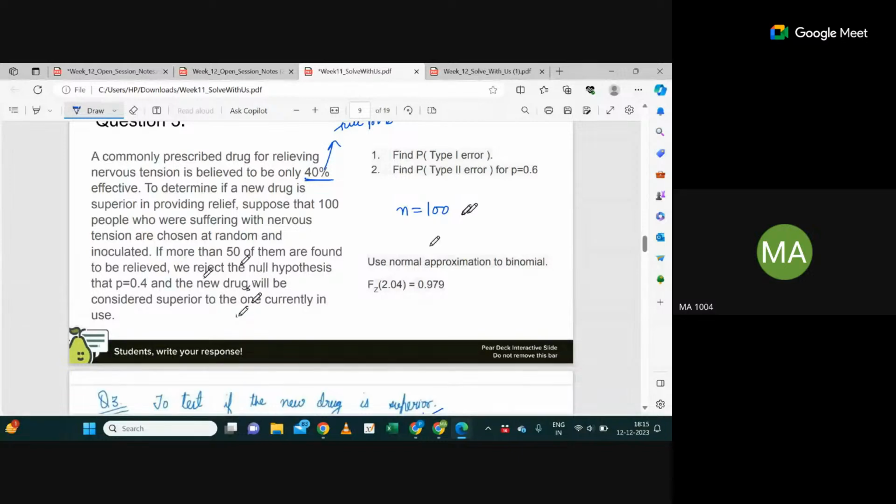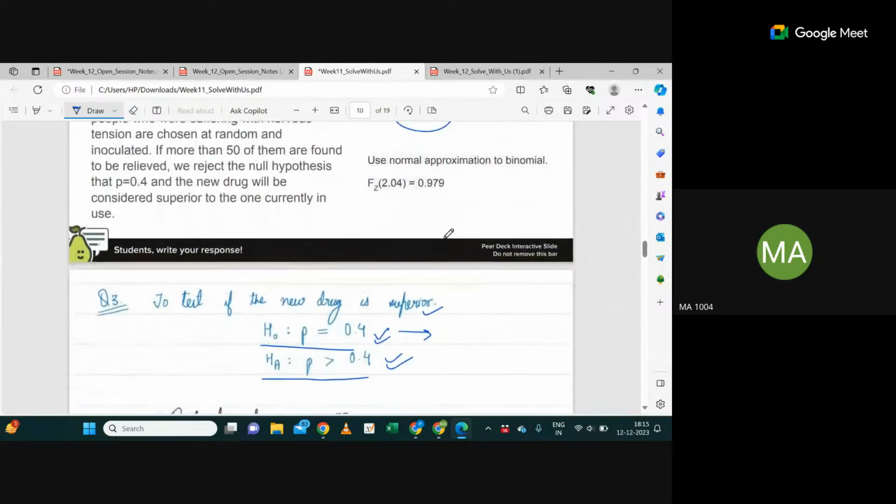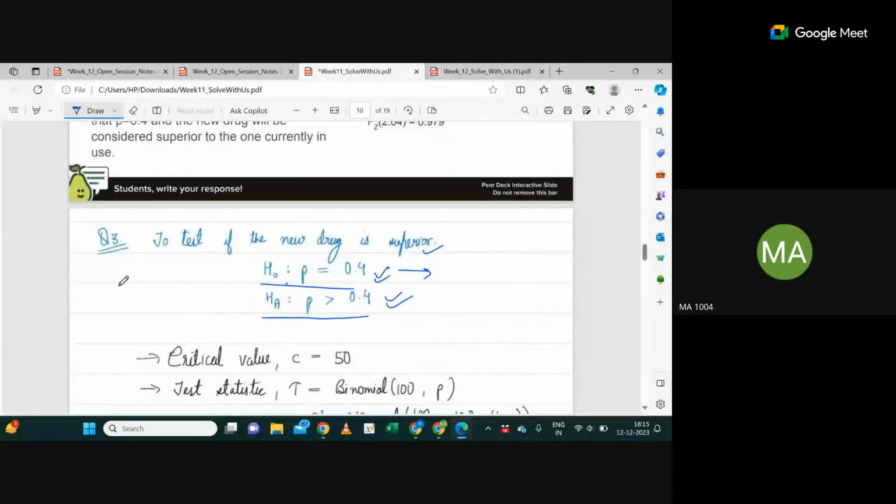Now you have to check about these 100 people. How will you decide our test? We are simply deciding T is greater than some C. I will reject H naught if my T is greater than C, where T is nothing but how many people are going to be relieved in these 100 samples. Are you getting it?